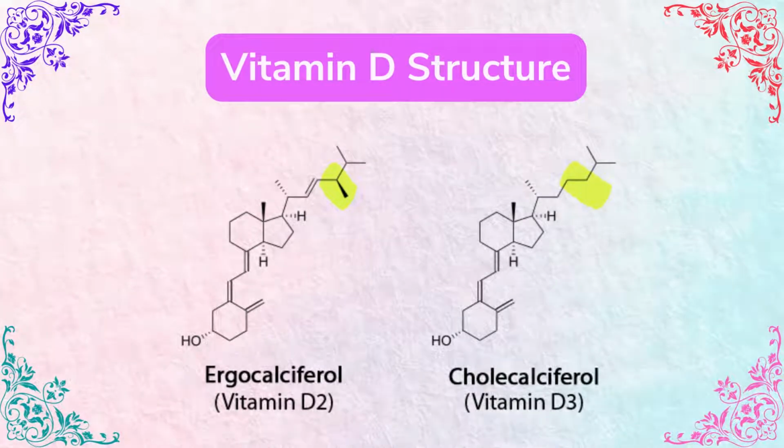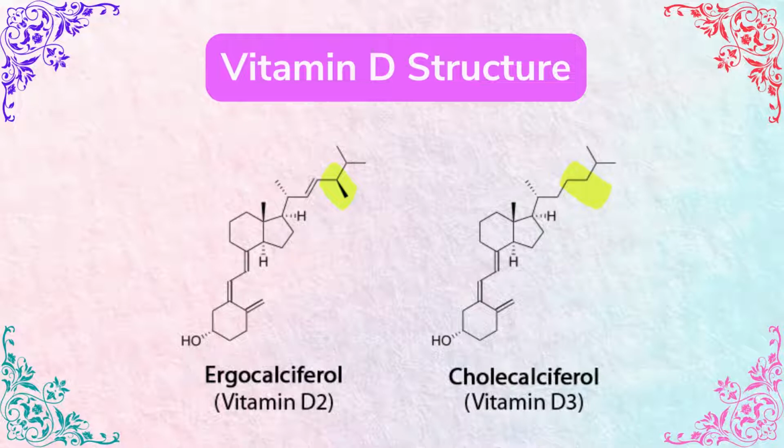So these are the two structures of vitamin D: ergocalciferol, which is vitamin D2, and cholecalciferol, which is vitamin D3. You can see the difference between both structures.